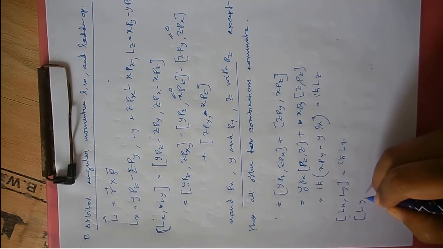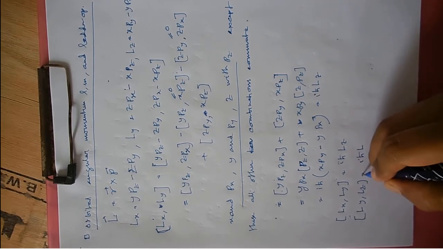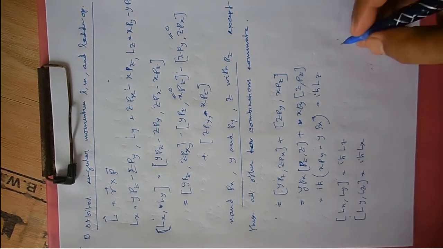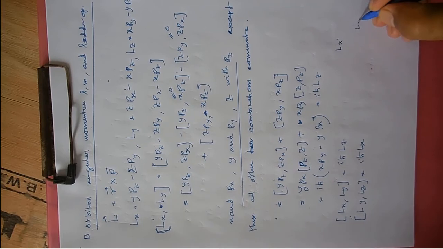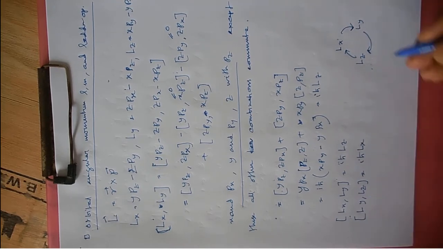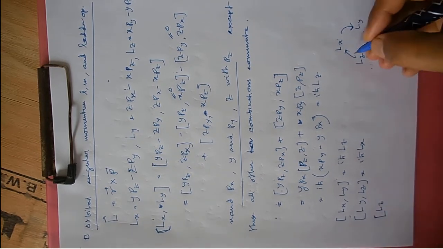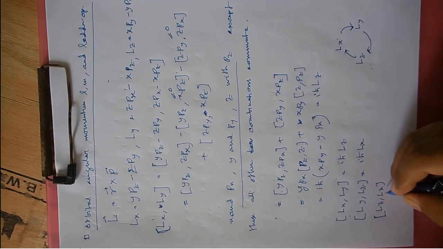Similarly, for Lz, you go clockwise in cyclic order: Lx, Ly, Lz. So Lx, Ly gives Lz. Ly, Lz gives Lx. Similarly Lz, Lx gives Ly.